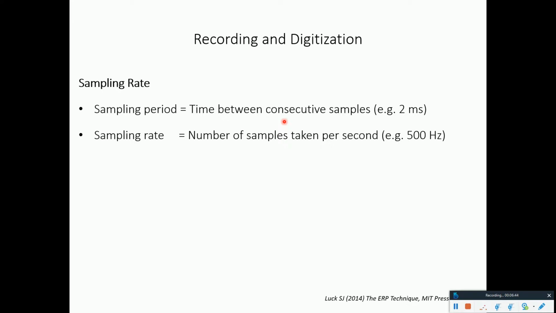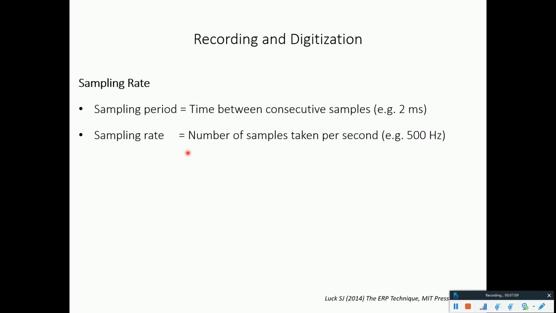There the sampling period, the time between two pulses, two electromagnetic pulses, was called time to repetition, or TR. So you have seen a sampling period before. The only difference here is that the sampling period is now much shorter.